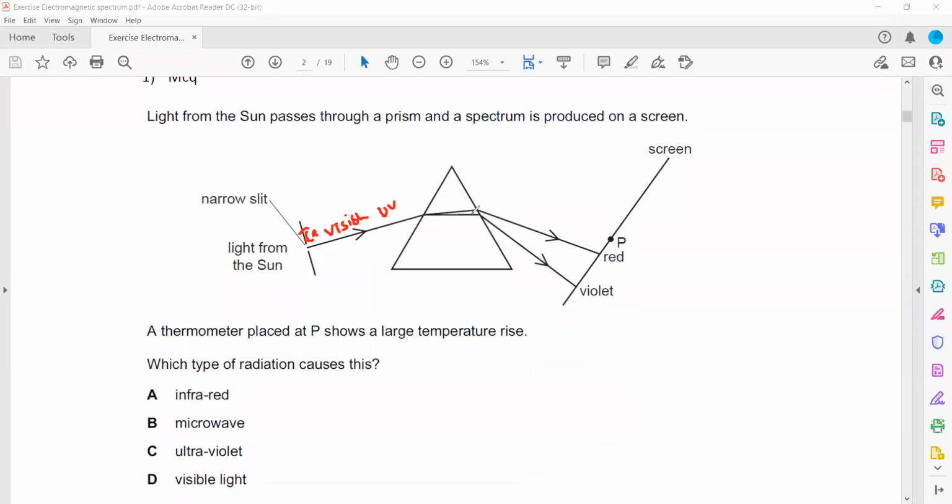The only part which you are able to see is the visible one, which includes violet, indigo, blue, green, yellow, orange, and red, where violet bends the most and red bends the least. The bending of the light depends on the frequency. The one which has a higher frequency will bend the most.